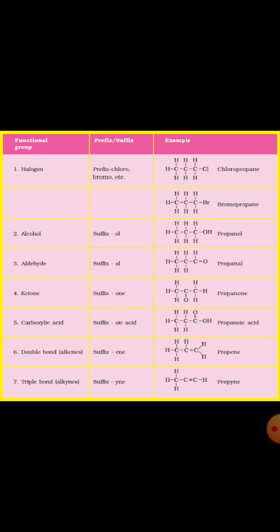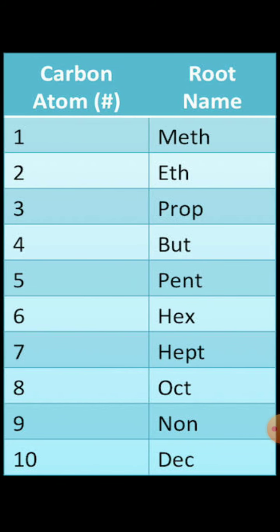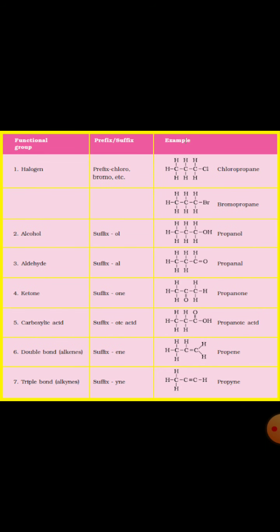In the second example, we have the parent chain, and with that we have the functional group bromo. So the name will be bromopropane. Now how did we use propane? Because in this compound we have 3 carbons, and the 3 carbons will have prop, that is its root name.